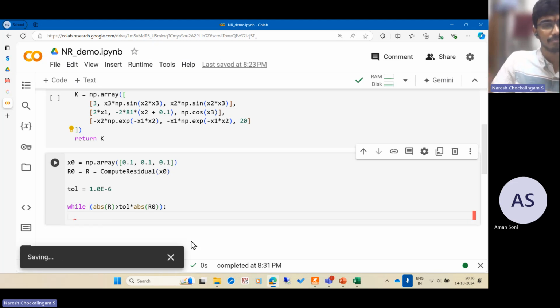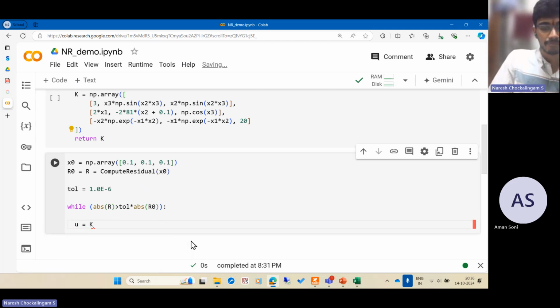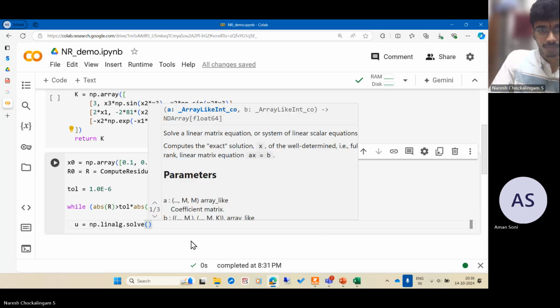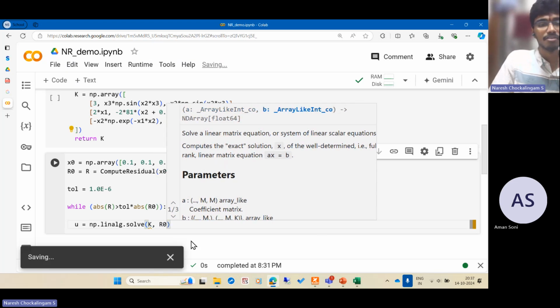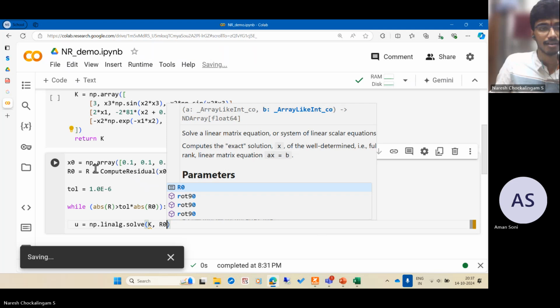So the Newton-Raphson scheme. First step, find the increment. How do we find the increment? So U is equal to, we have to solve, right? So for solving a linear system, it is np.linalg.solve. First one should be the matrix, second one should be the vector.